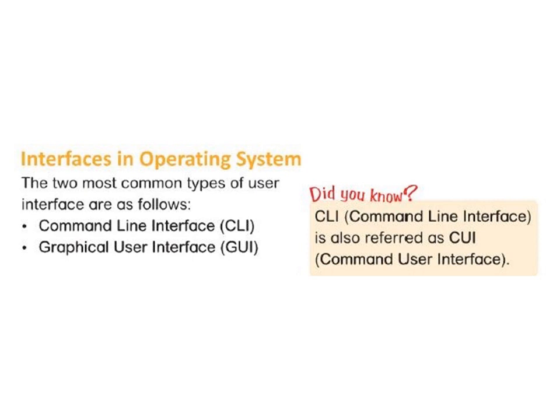Command line interface abbreviation is CLI and command user interface abbreviation is CUI. So if in your question paper it mentions CLI or CUI, they mean the same thing. And the second type of interface is graphical user interface, which is abbreviated as GUI.